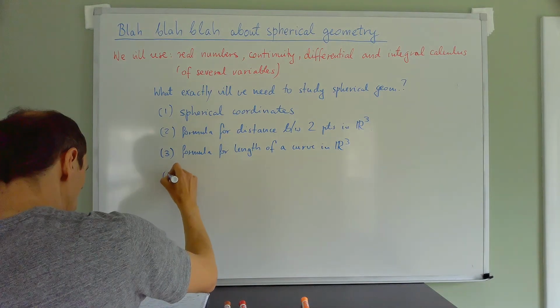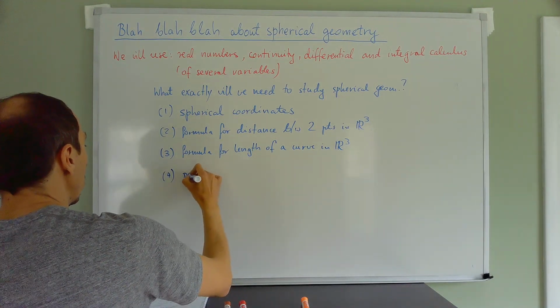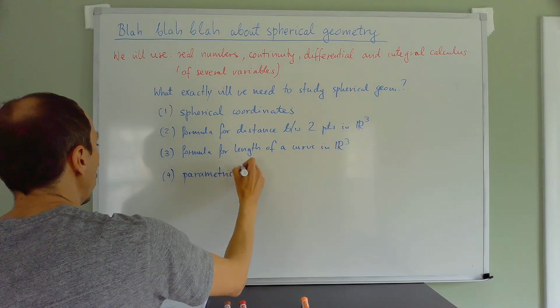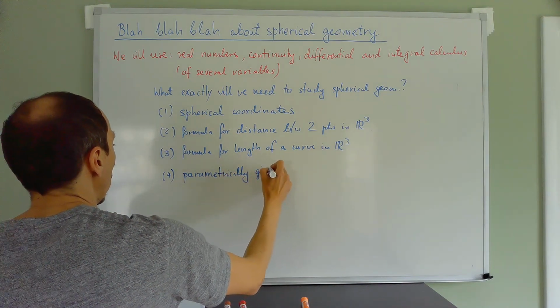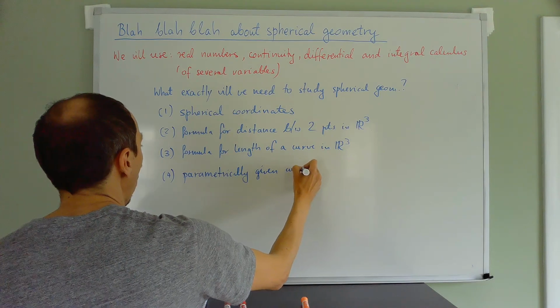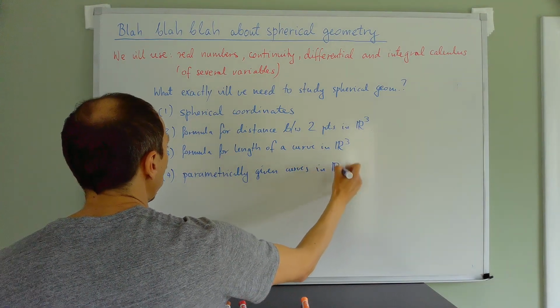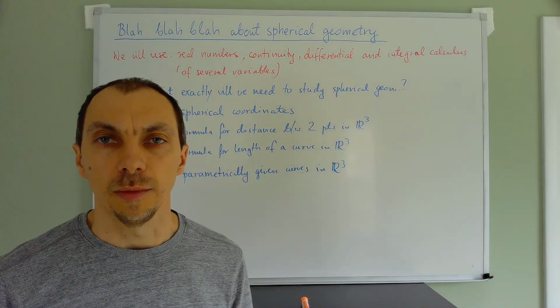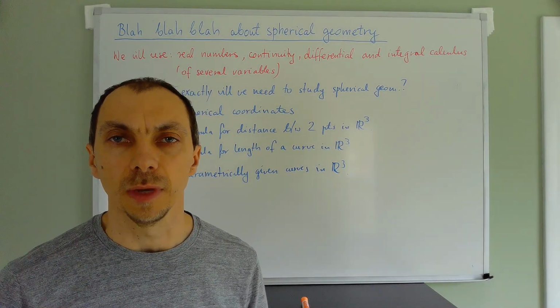And in fact, as far as these curves go, sometimes it's good to have a parametrically given curve in R3. So I encourage you to review those, but I will review them in the next lecture.